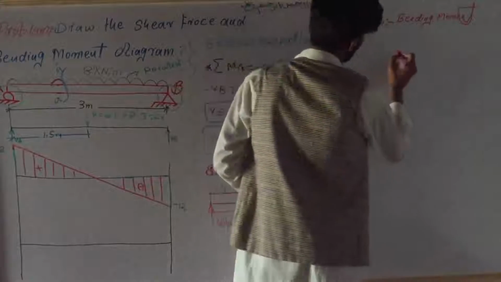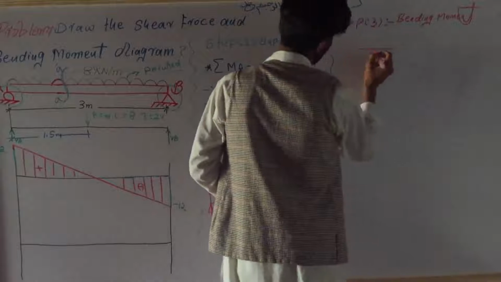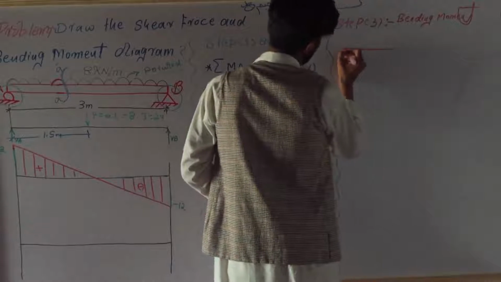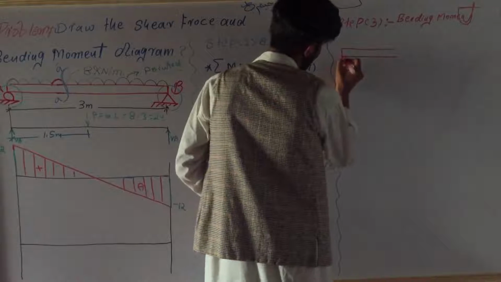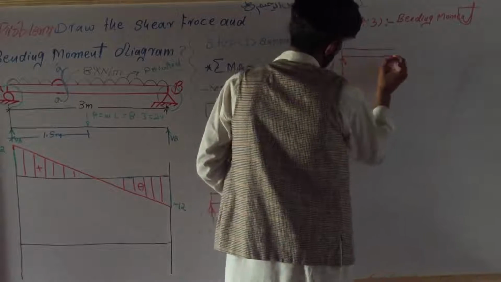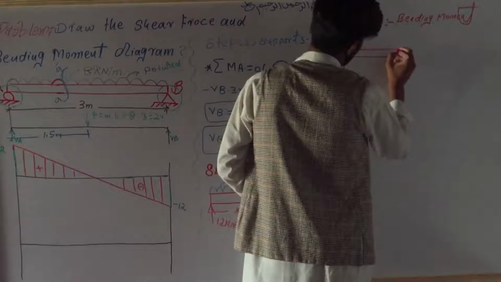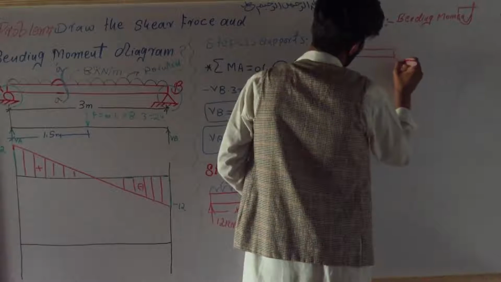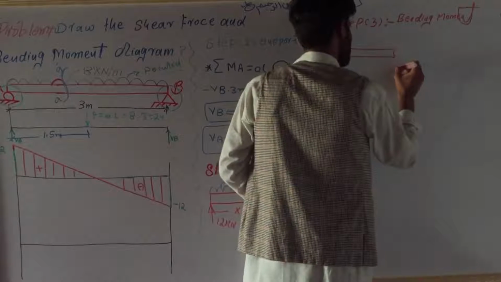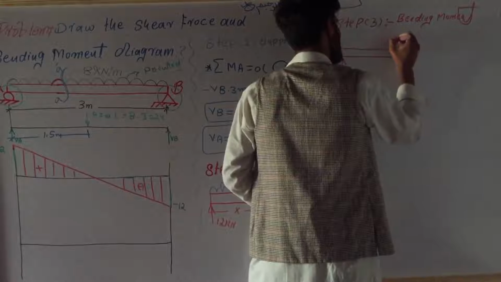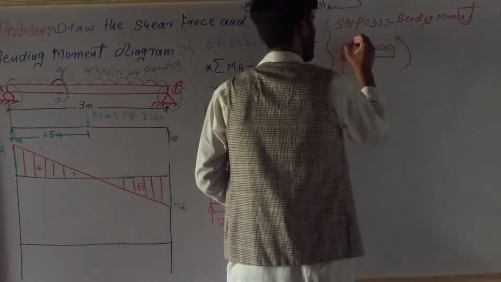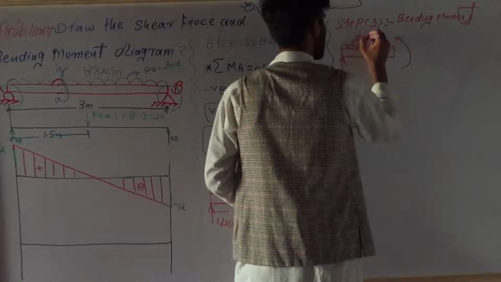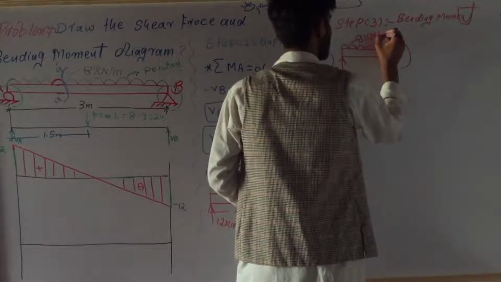So let's draw this section. I will give the direction of the bending moment like this, and this is the uniform load, 8 kilonewton per meter.